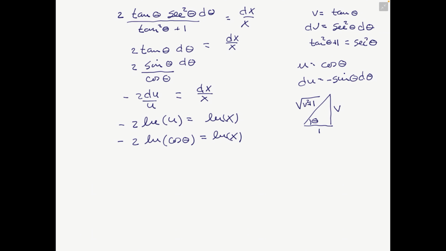So we have ln 1 over cosine theta squared equals ln x, and then plus constant somewhere in there.